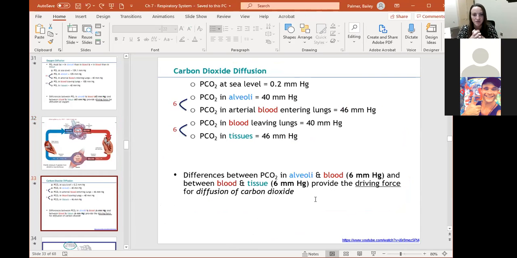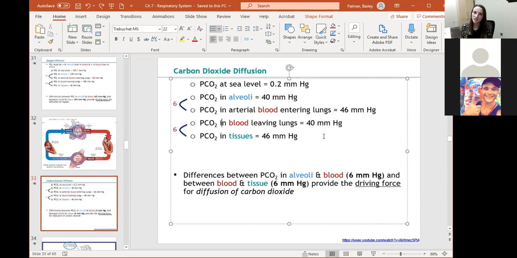So here's CO2. Now we want that CO2 to leave the body because the muscle produces it during exercise. And when the muscle produces it, it's going to move from the tissues into the blood. So here we want to work backwards. We have partial pressure of CO2 in the tissues, 46, but we want to get that CO2 out of the muscle and into the bloodstream.